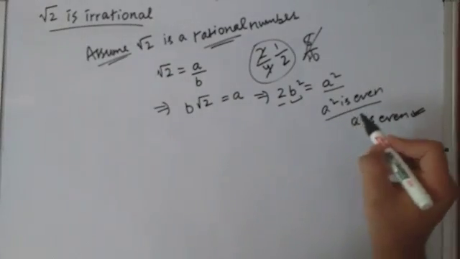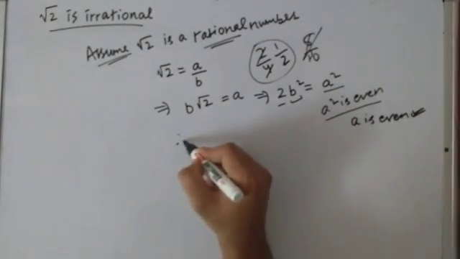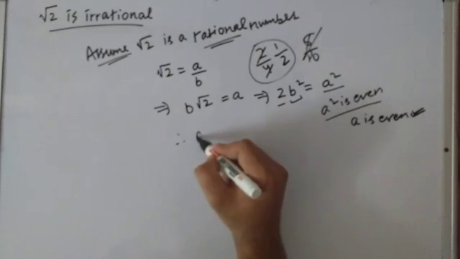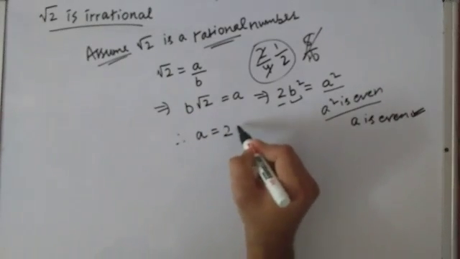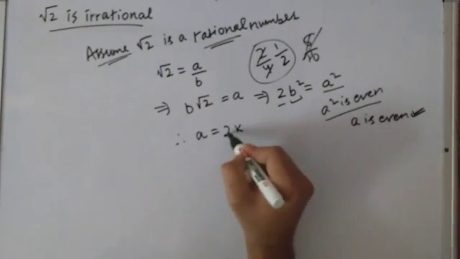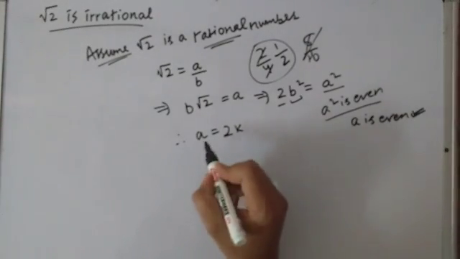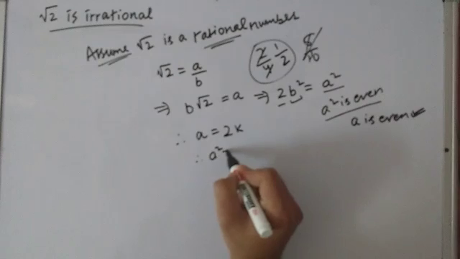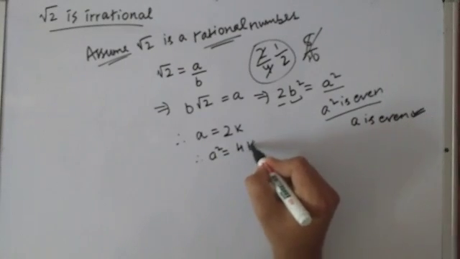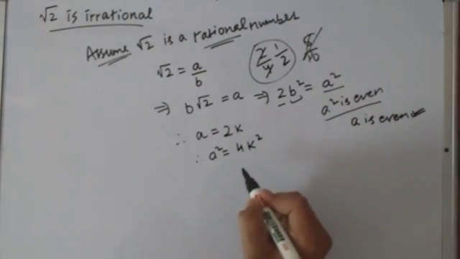Let us see. So since a is even, therefore a equals 2 times something, where k is any number, alright. So a equals 2k, therefore a square equals 4k square.